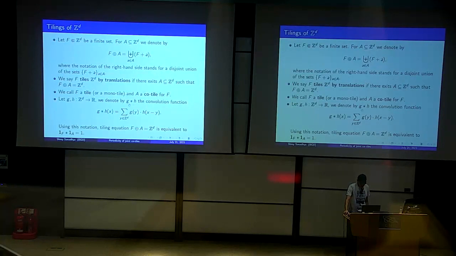In this convolution notation, the tiling equation just becomes the indicator function of F convolved with the indicator function of A is equal to 1.